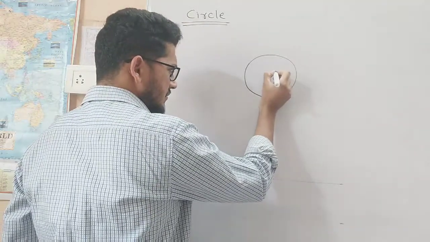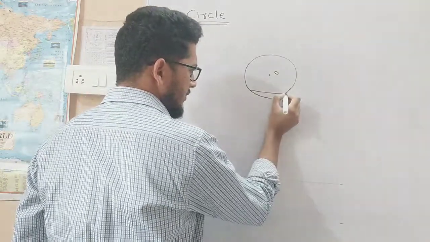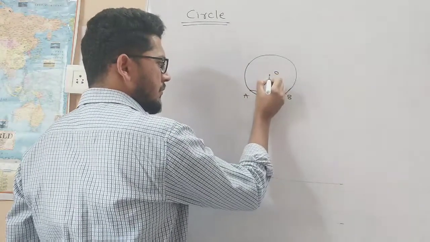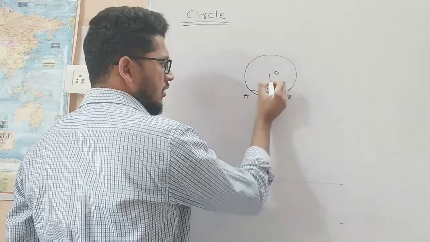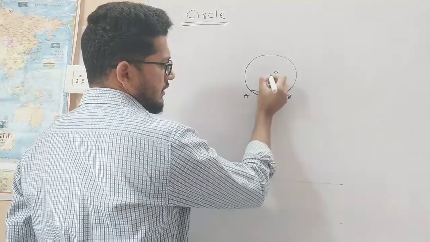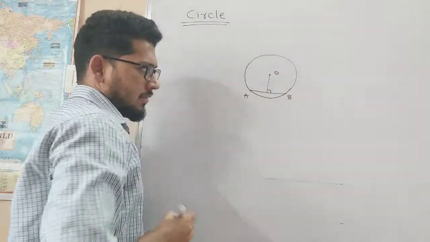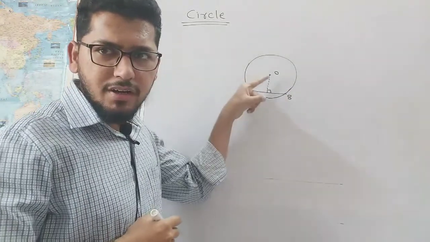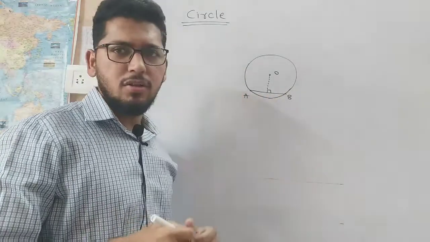This is the center and suppose I am taking a chord here, the chord AB. So one property is there: when you draw any segment from the center to a chord, the distance from the center to the chord bisects the chord.